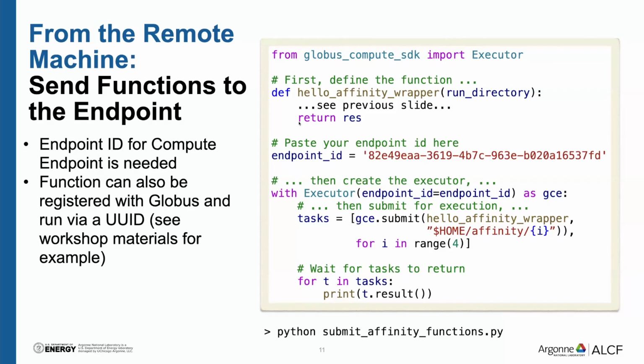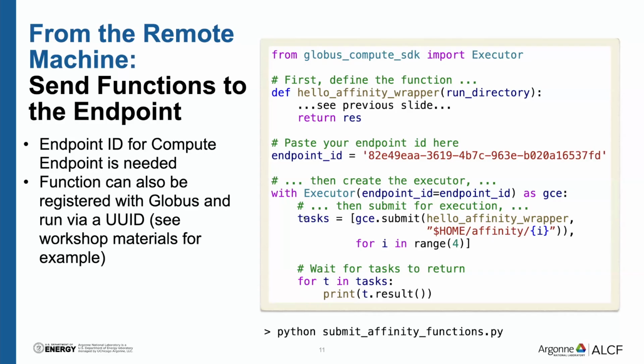But you need to have it in your script sending the work from the remote machine. And then you need to create a client pointing at this endpoint ID. And this is pretty simple with the Globus Compute client. You create it in this way.